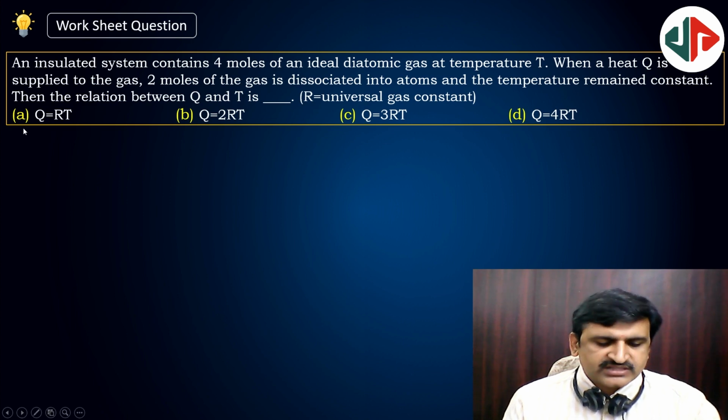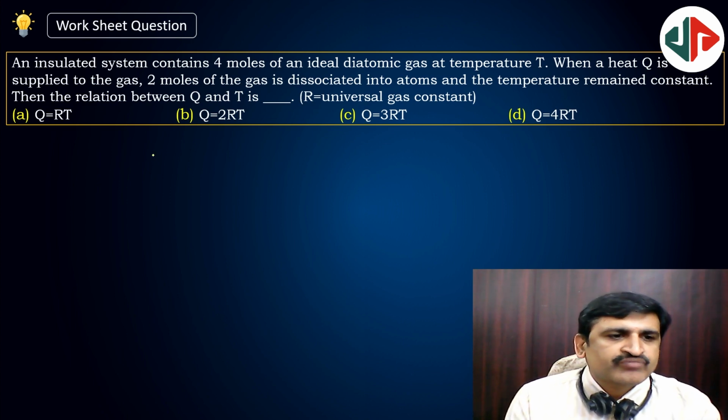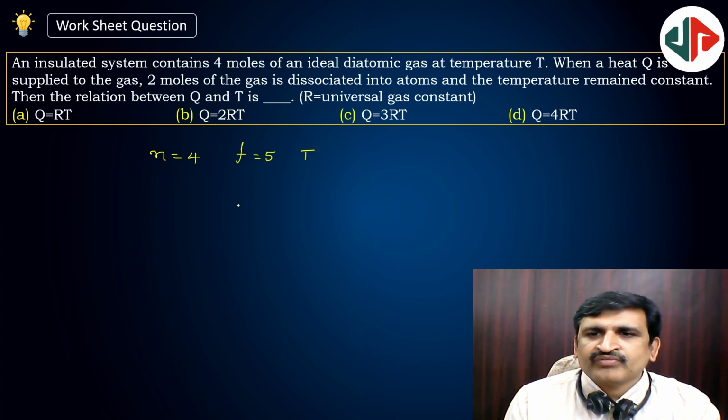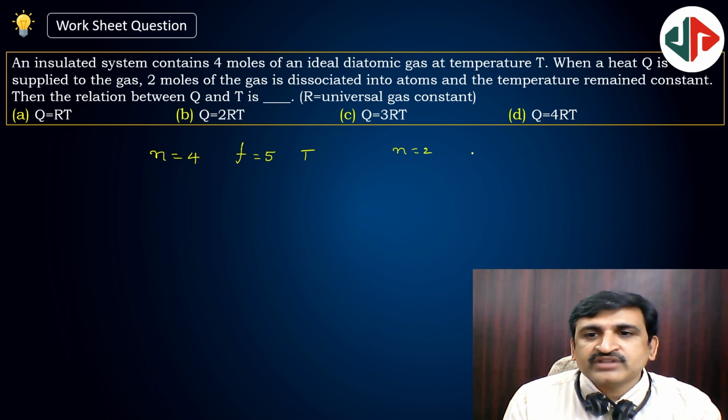An insulated system contains 4 moles of an ideal diatomic gas at temperature T. Number of moles is 4, diatomic gas, degree of freedom f is equal to 5. When a heat Q is supplied to the gas, 2 moles of the gas dissociate into atoms.